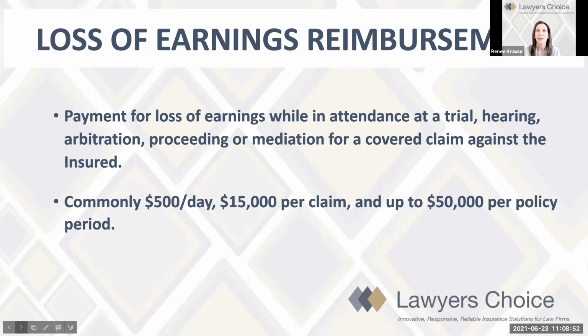And this is something that you can look at and decide if it's not enough money, you can have this changed via endorsement. So very important to pay attention to as you're comparing policies. If this is something that's important to your firm, you want to make sure that it's in the policy that you're buying and that it is at a level that would satisfy the needs of your firm in the event of a claim.